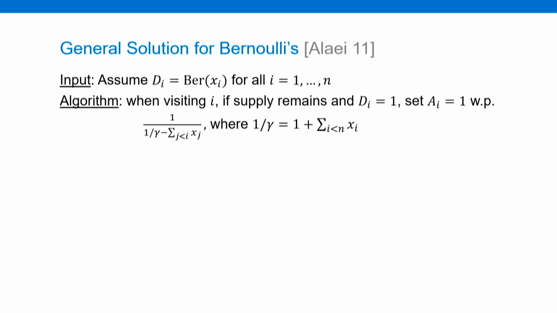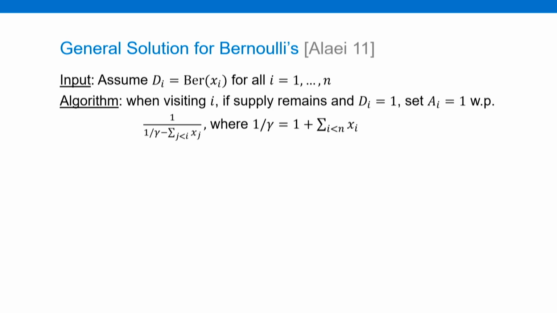I'm going to set ai to be 1 with probability this, where 1 over gamma equals this. You'll see why this was the right probability when, in the proof, things cancel. I should just note, it's important when you're doing this type of algorithm to check that you're not falsely trying to set a probability that's greater than 1.